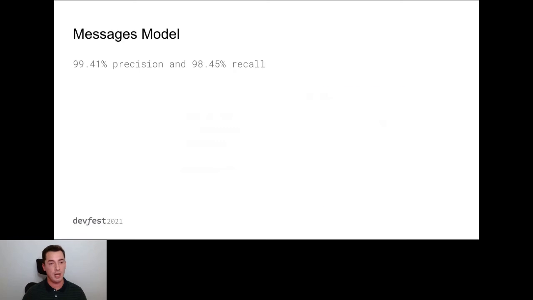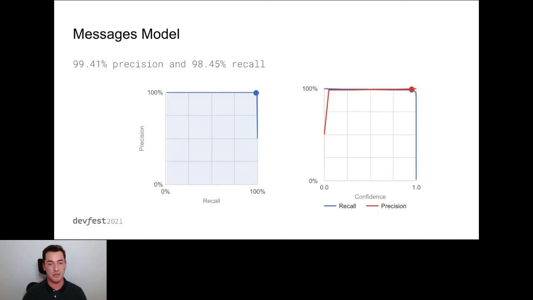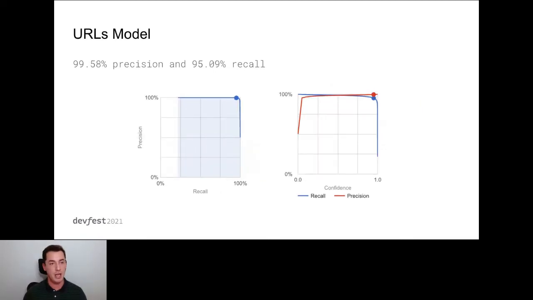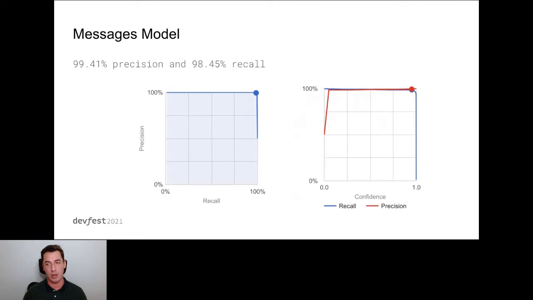The messages model, you can see, is very high as well. That's the one that had only 4,500, but still, based on that, the AutoML model results were quite good as well. As you can see, the precision was very close, as was the recall. In the real world, this will probably be much bigger.